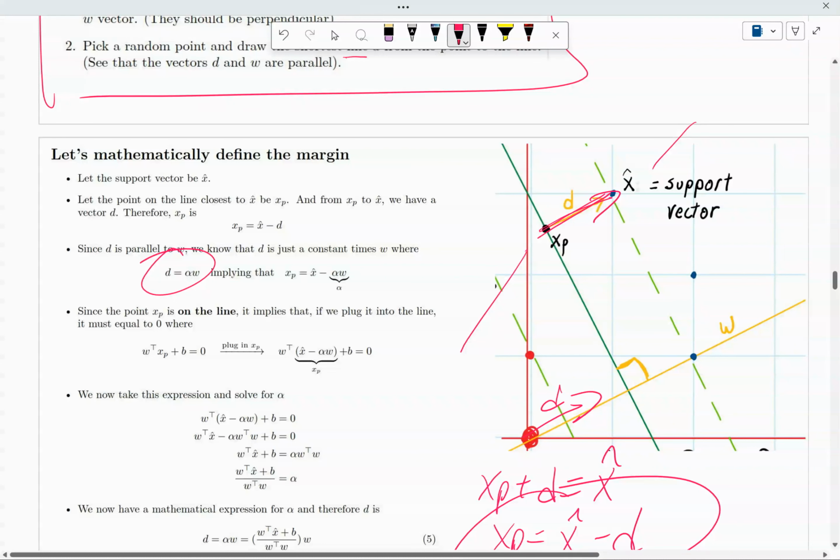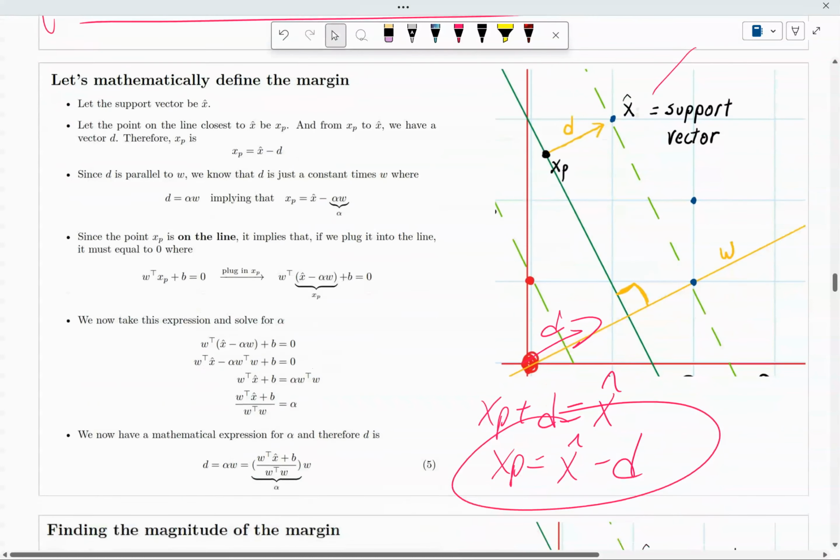So this vector d can be written in terms of w. Plugging d into the original equation gives us a new representation of xp: x hat minus alpha w.